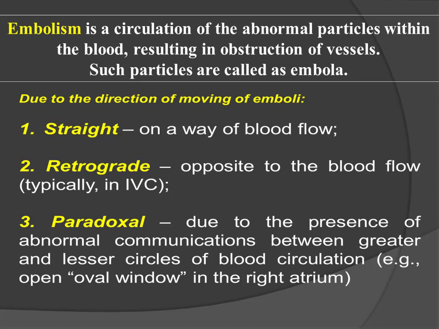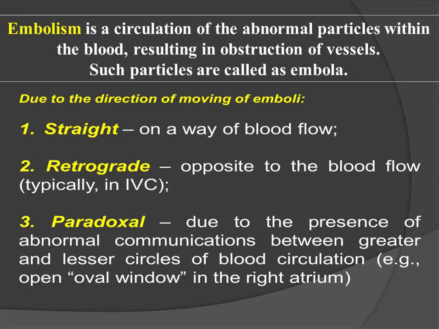According to the direction of the movement of the embolus, there is orthograde or direct embolism. It's movement along the blood flow from the venous system of the systemic circulation, embolism of the pulmonary arteries.